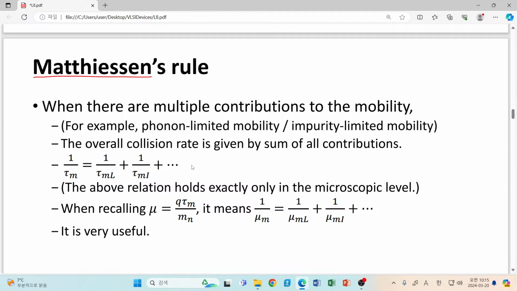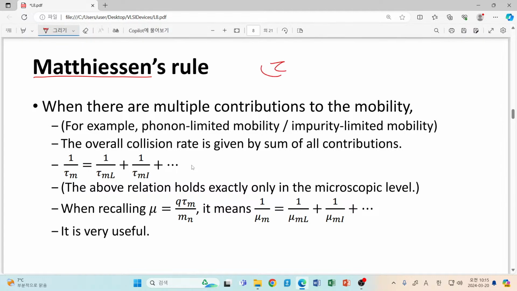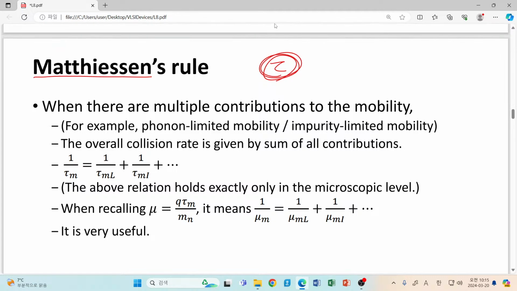However, if we go to the microscopic description of the electron gas, then actually this is not the case. It is because when you try to calculate tau, it is always related to some average. Sometimes you may have a difference between first taking the average and doing something, or doing something and then taking the average.